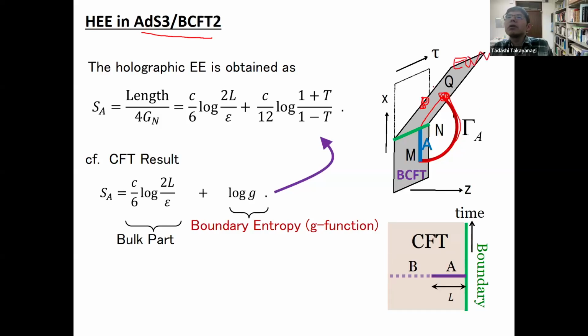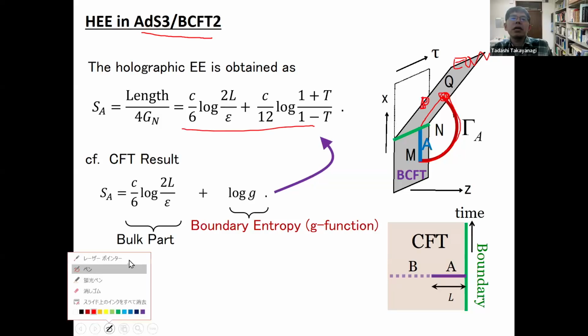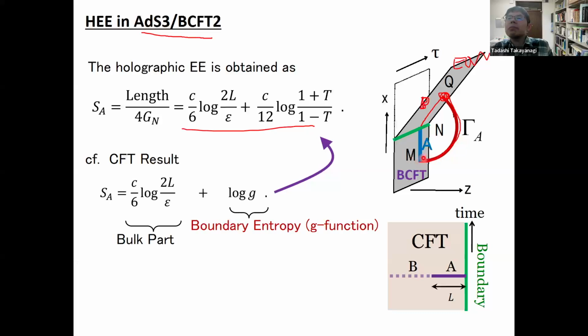This is the rule. So you can just pick up this length, and it's very easy to calculate. You get this result. And that means if we completely go back to the boundary, there is a c over 3 log epsilon divergence, but it's only half, right? So it's like c over 6 logarithmic divergence plus a term depending on this angle, which is given by tension, actually.